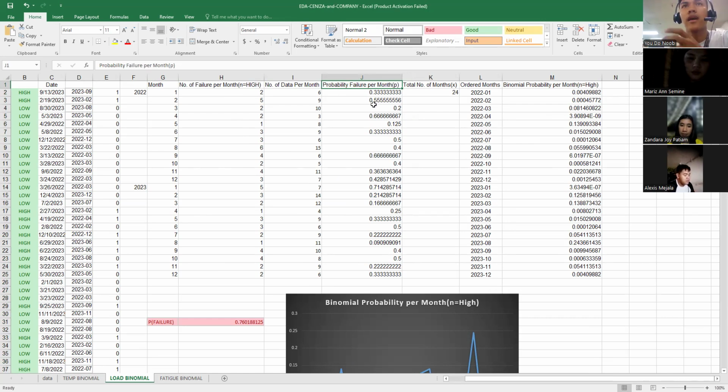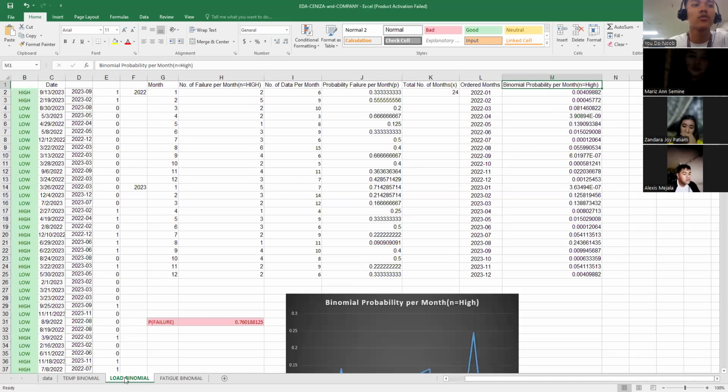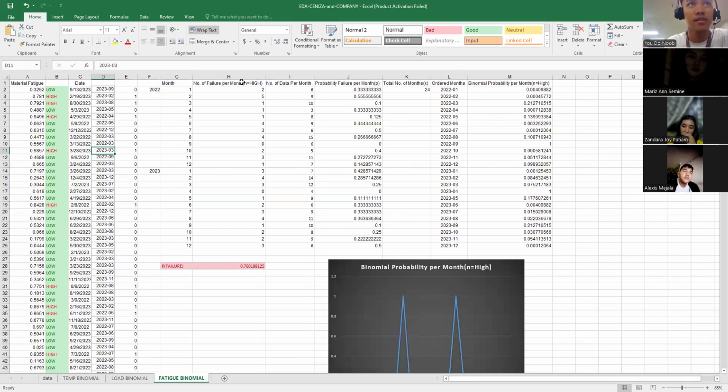And using that answer, we're also able to calculate the binomial probability per month under the factor of traffic load. And lastly, the material fatigue follows the same process. We get the number of failures per month and the number of data to get the probability of failure, and by using that probability of failure, we're able to get the binomial probability per month.